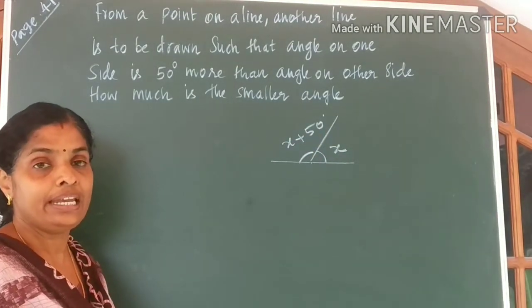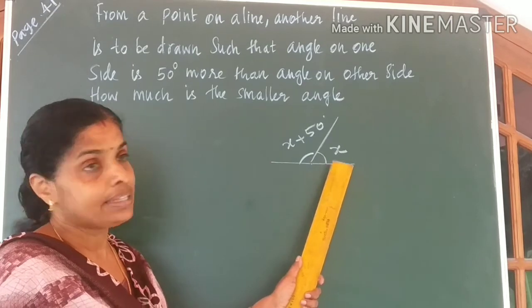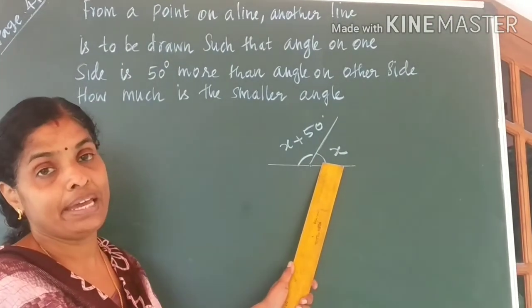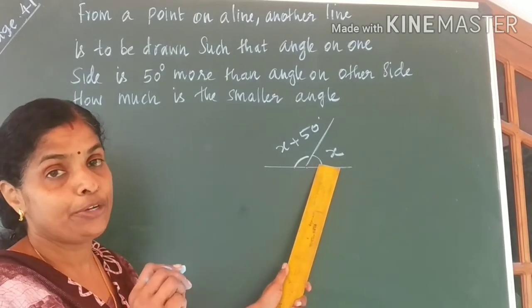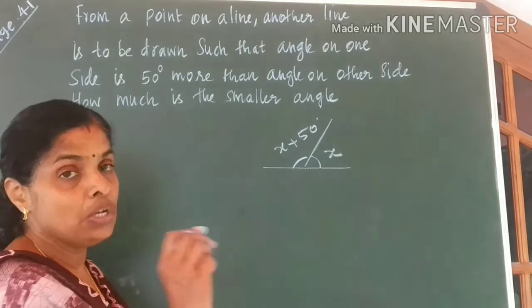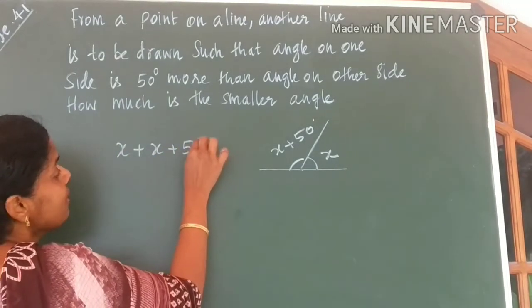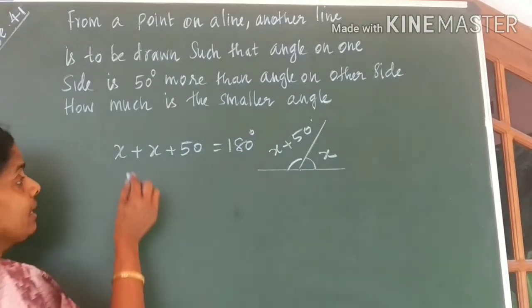Do you understand? Now what do you know about these two angles? The two angles here form a linear pair. The sum of angles in a linear pair is equal to 180 degree. So you can write x plus x plus 50 degrees equal to 180 degree.